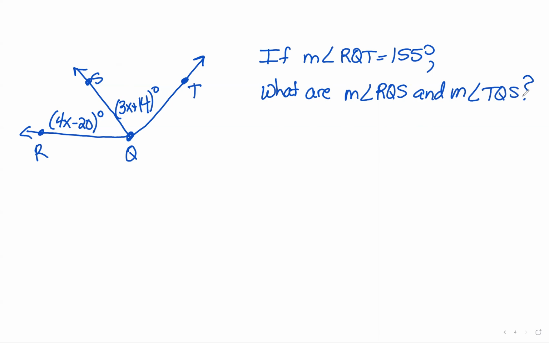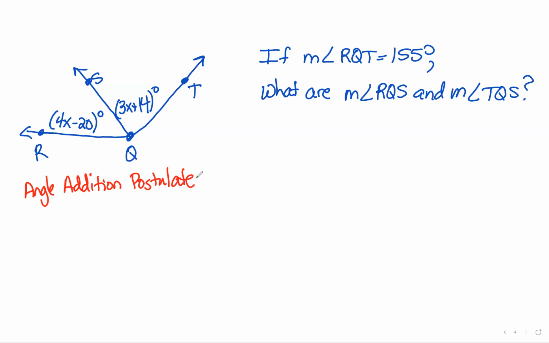All right. So before we go any further, we're going to talk about an important theorem that we need to know. And this is called the angle addition postulate. The angle addition postulate says that if you have two angles that are adjacent to one another, then the sum of those two angles equals the larger angle.